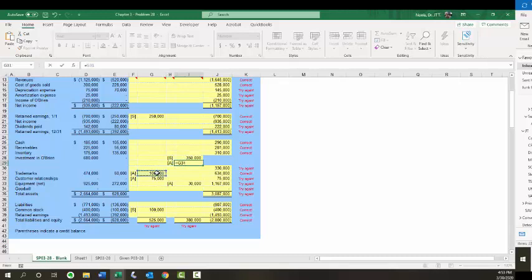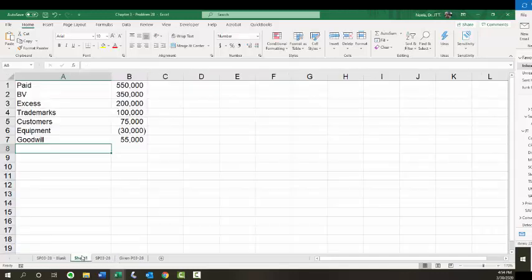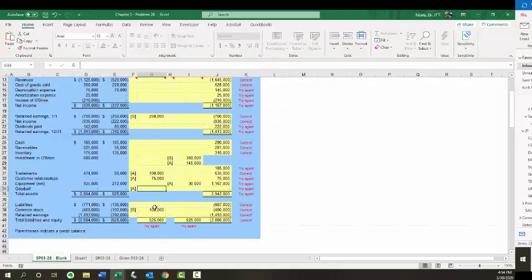So that is that plus that minus that. All right, so that's the 145. Oh, I'm sorry. And goodwill. The goodwill, which we calculated over here at 55,000.